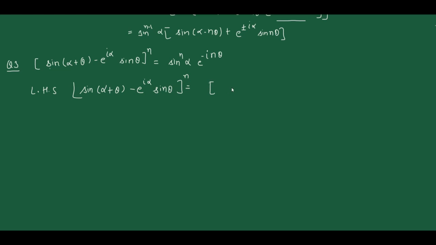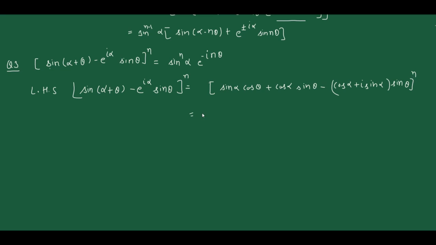First apply the formula for sin alpha plus theta, that is sin alpha cos theta plus cos alpha sin theta, minus e raised to power iota alpha, you can write this as cos alpha plus iota sin alpha, and this multiplied by sin theta raised to power n.